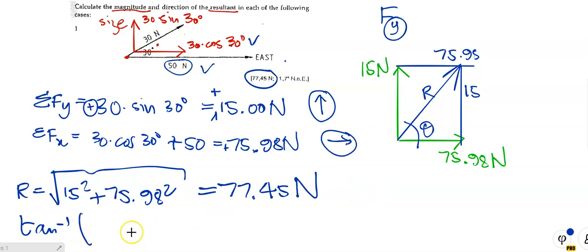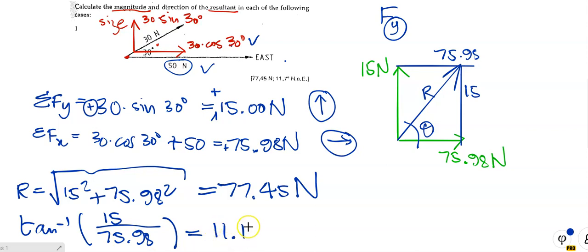The arctangent of 15 over 75.98 is equal to, right, work out the answer, stop the video, work out the answer, and check it against my answer, and you only proceed if you got the same answer that I got. And I got 11.17 degrees. Okay, right.